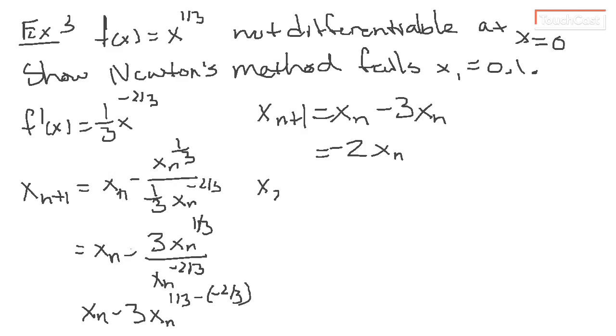If we want to find x2, we take x1 and put it into the formula we just made. That's going to make negative 2 times 0.1, which is negative 0.2, which already goes to a different end of the graph. We want to keep going positive and try to get closer to 0. So let's look at the next one, x3.